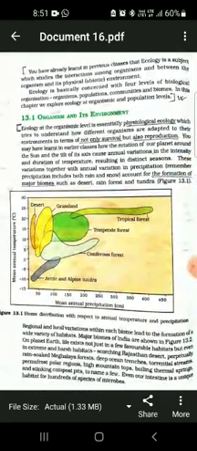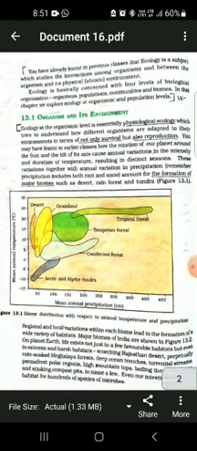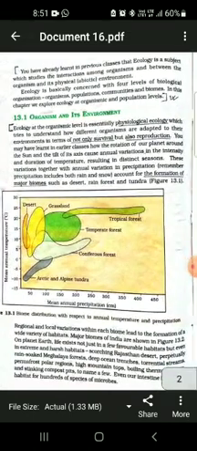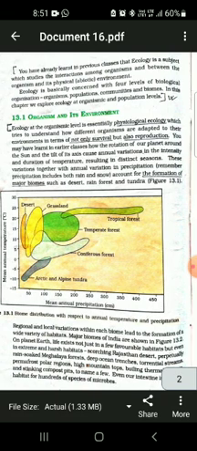You have already learned in the previous classes that ecology is a subject which studies the interaction among organisms and between the organisms and their physical environment. Ecology is basically concerned with four levels of biological organization, that is organism, population, community, and biome.